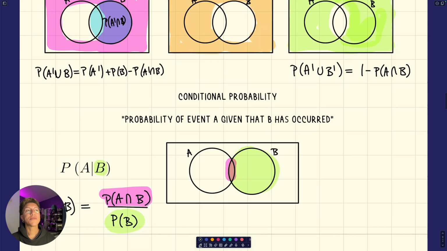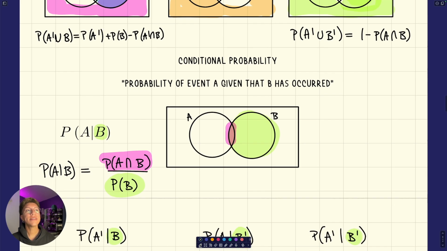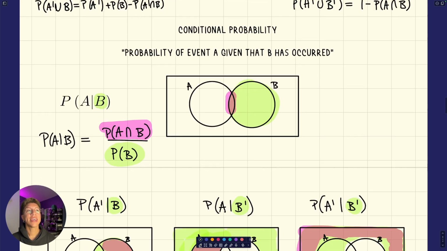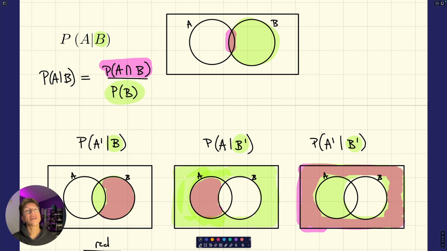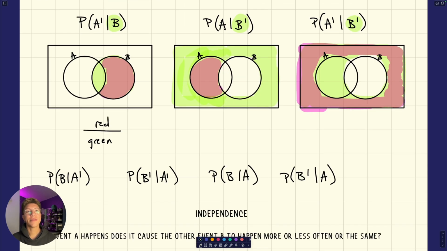That brings us to conditional probability. Conditional probability changes the sample space that we're looking at from the entire rectangle to just the given condition. So if it's the probability of A given B, the given B is just that circle, and we're only looking within that circle to calculate our probabilities. And these are the 4 conditions, and then there's actually another 4 in total. So we have 8 total conditions for conditional probability within the Venn diagrams.